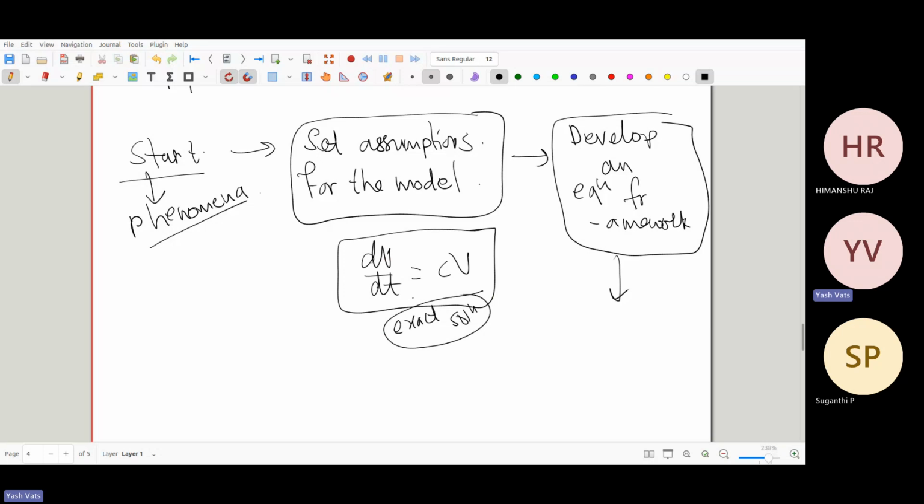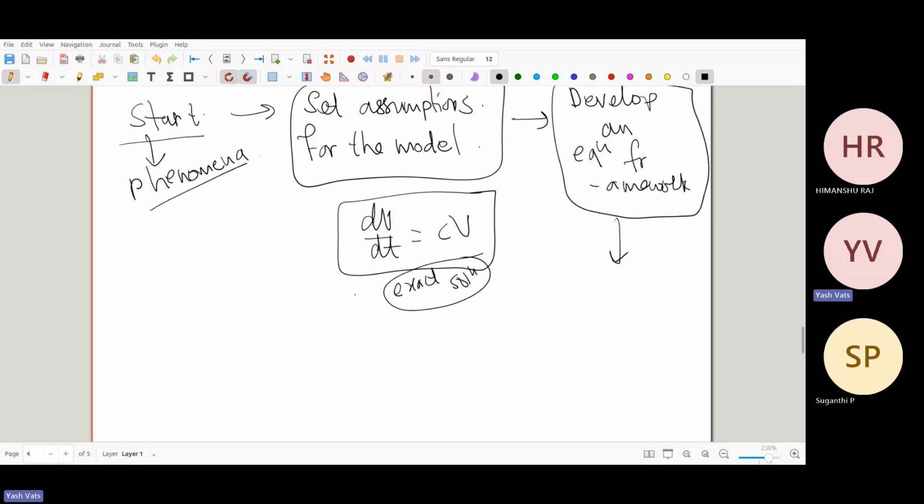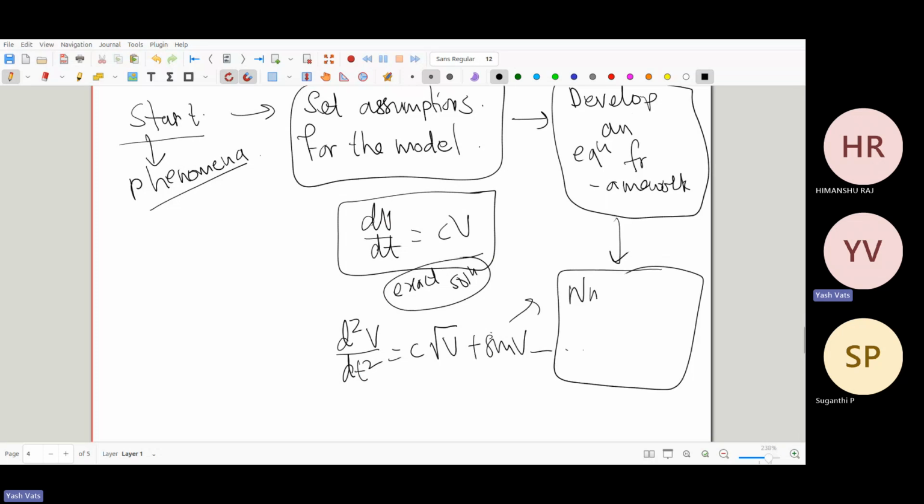But if you have a complex differential equation, like d2e by dt2 with maybe a square root of v or sine v, maybe you will not be able to find it because it's non-homogeneous and more complicated. So in order to solve this equation, you need numerical methods to solve such equations.